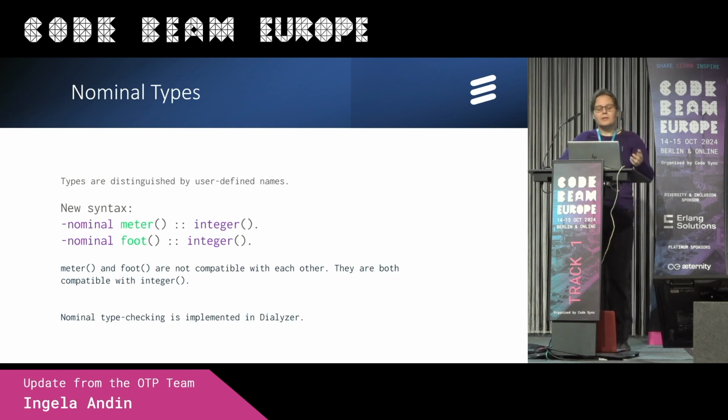Of course, they both compare to an integer, but they don't compare to each other. We don't want them to do that, because if we mix up meters and foots, we can get problems with very devastating consequences. So you can have these nominal types and you can get the dialyzer error if you mix them up.